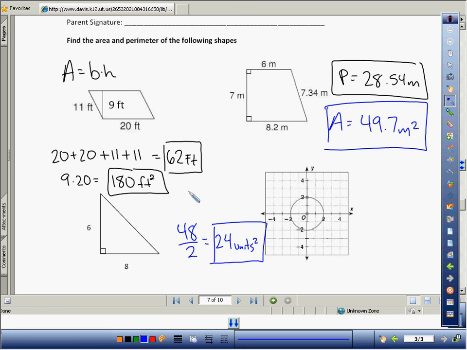Now, when we talk about doing the perimeter, if you guys will recall, let me draw this over here. Area equals 1/2 base times height, or base times height divided by 2. The same thing. When we do the perimeter on this one, you're going to have to bust out the old Pythagorean theorem, because we have two sides, but we're missing the third side.